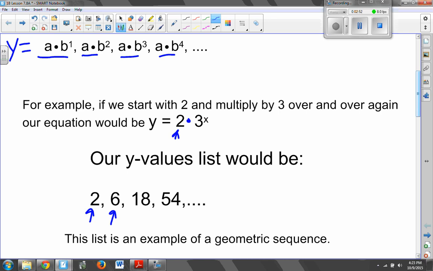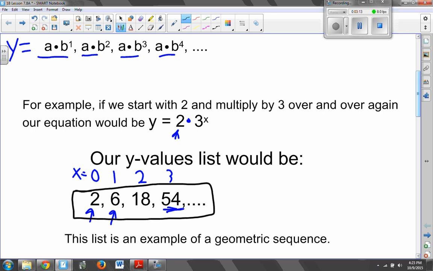And finally, if x equals 3, we would get 18 times 3 again, which gives us 54. Okay, so there's 4 y values for x equals 0, 1, 2, and 3. This list of our y values is an example of a geometric sequence.